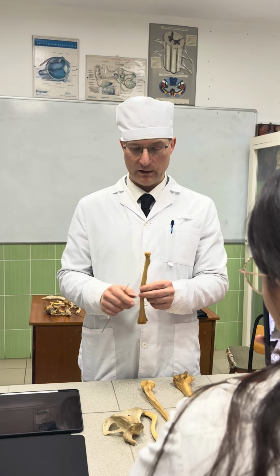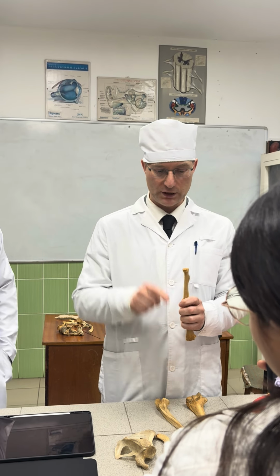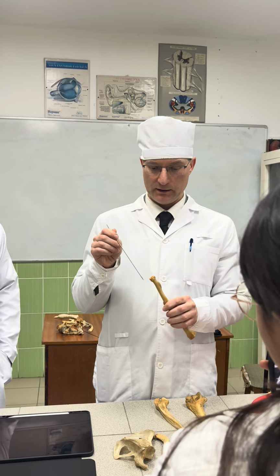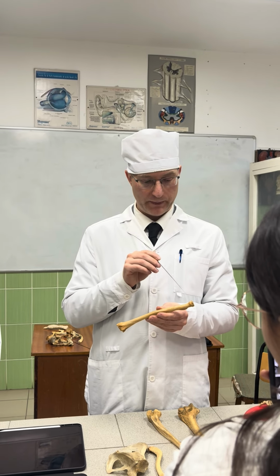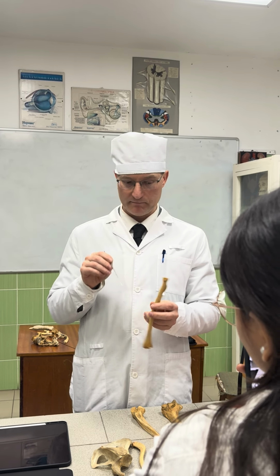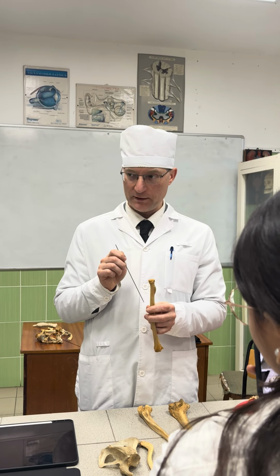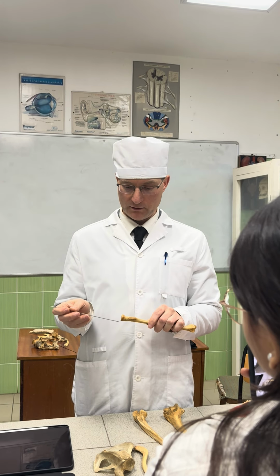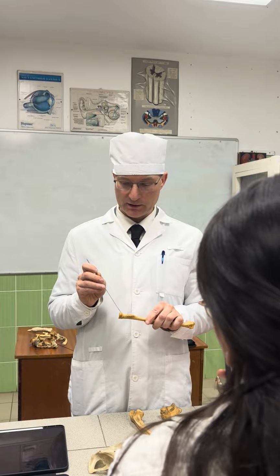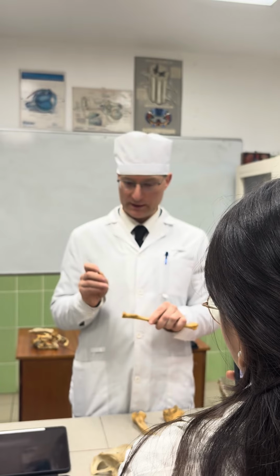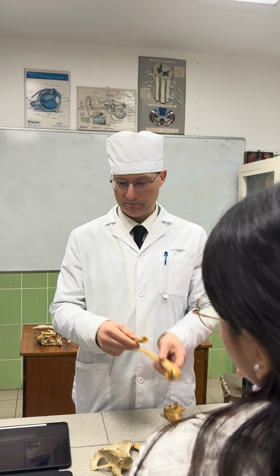Radius. The ulna below has a head, the radius above has a head. Long tubular bone, diaphysis, epiphysis, epiphysis. The upper part is named head of radius. On the head of the radius we have an articular circular surface, circumferentia articularis radii, attached to the incisura radialis.